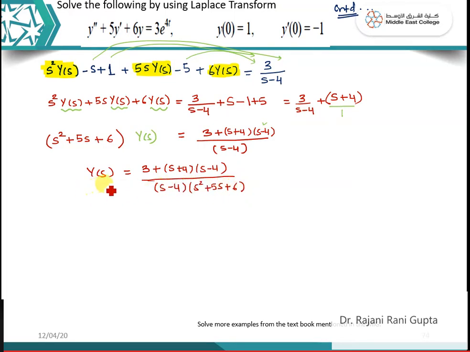Now here y of s stands for the Laplace transform of y. So it is 3 plus s plus 4 times s minus 4 over s minus 4 times s square plus 5s plus 6.